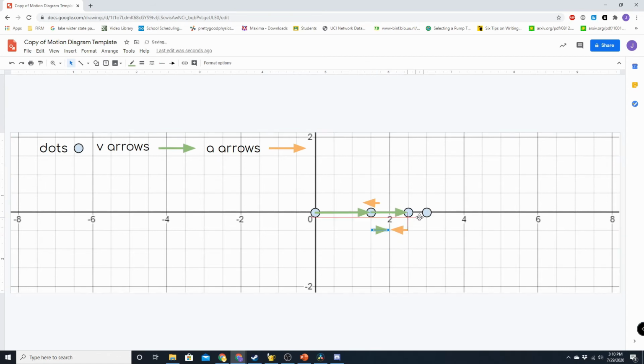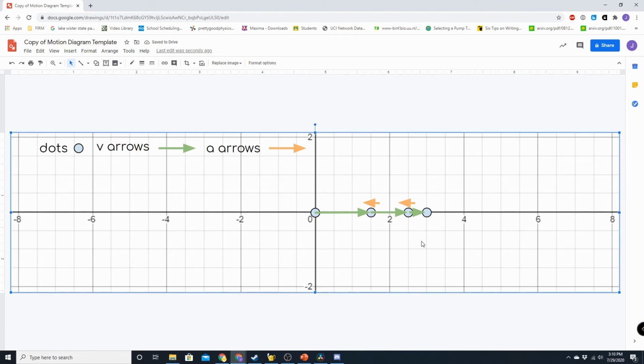So we can put our velocity vectors back, and we always put the acceleration vector over the dot. Now, because there's no velocity before the first dot and there's no velocity after the last dot, we're not going to put acceleration vectors on those. So that is what a car slowing down while traveling to the right is going to look like.